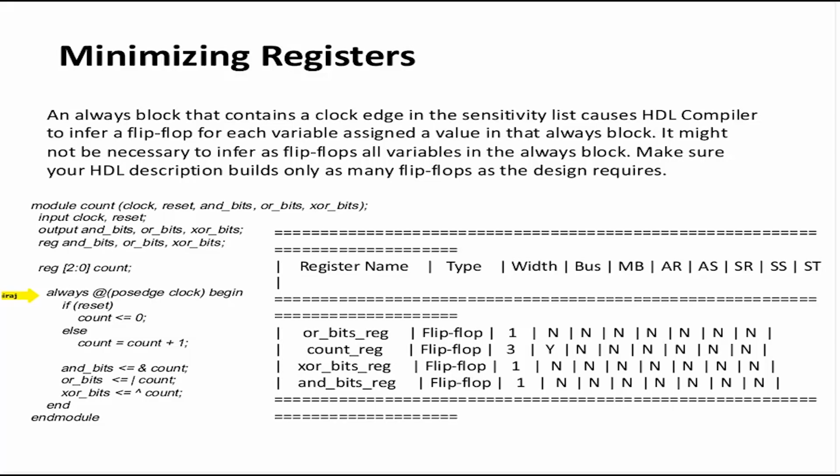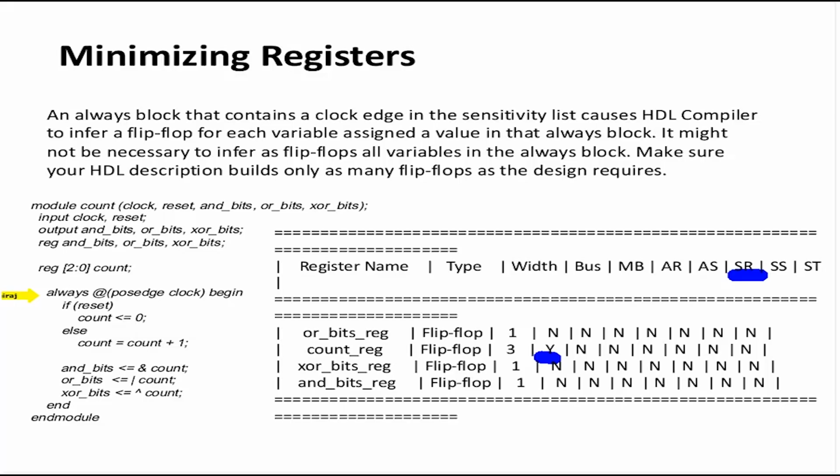It specified the width here. One of them, count_reg, is a bus. Although you expected that reset would be a synchronous reset, it did not infer that. It does not have a Y for the synchronous reset here, so it is not inferring a synchronous reset.